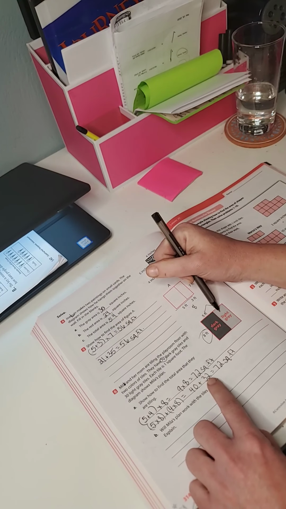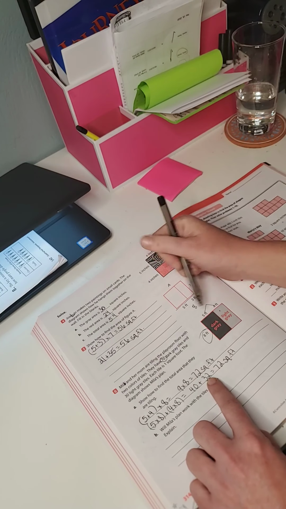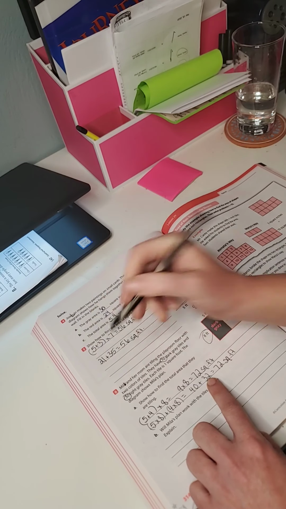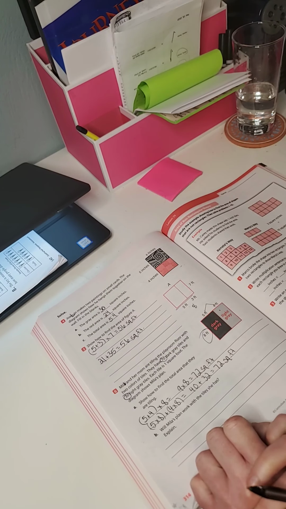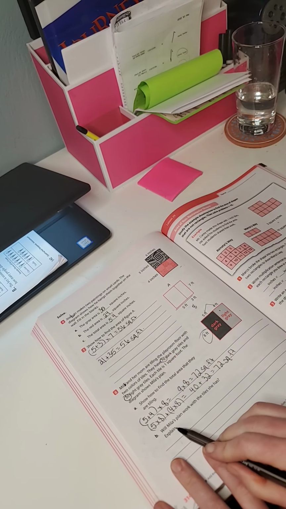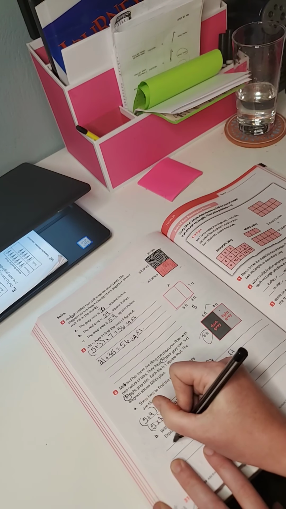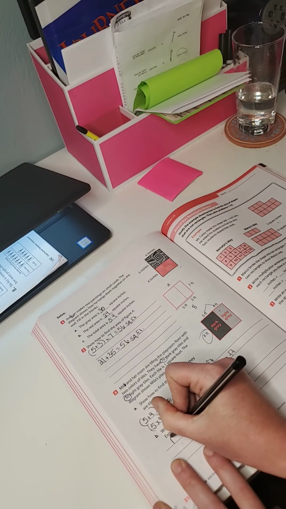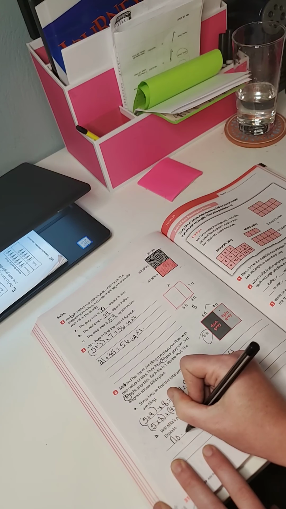Then for light gray, we need 32. But we only have 30. So will Millie's plan work? Sadly, no.